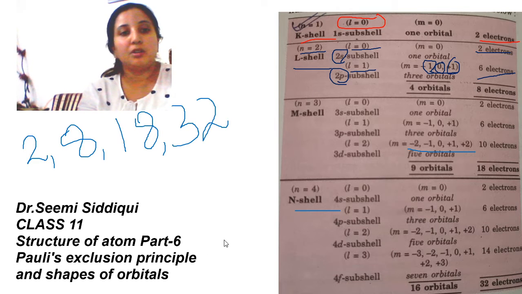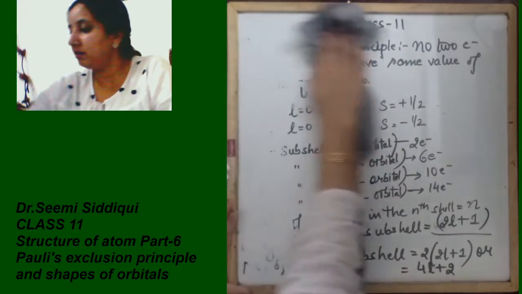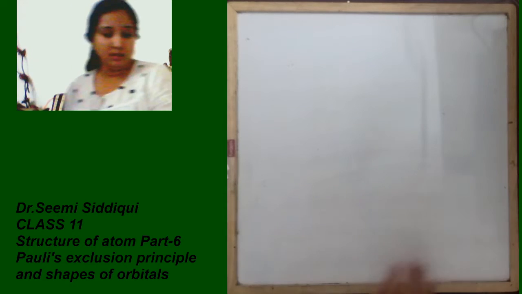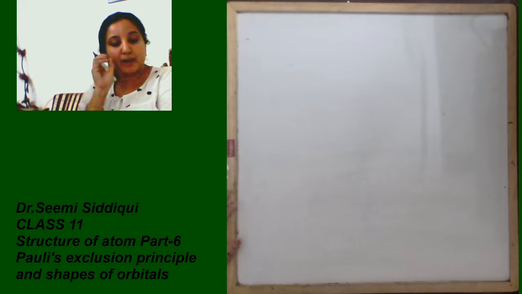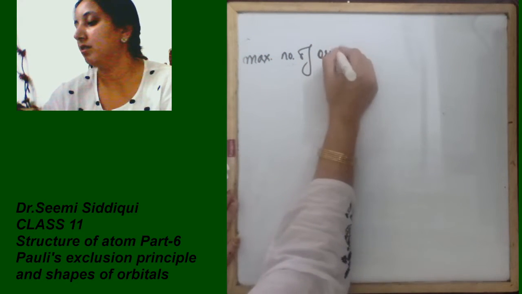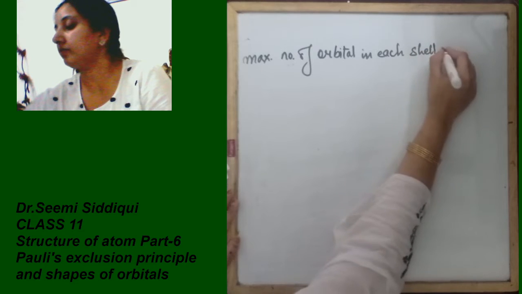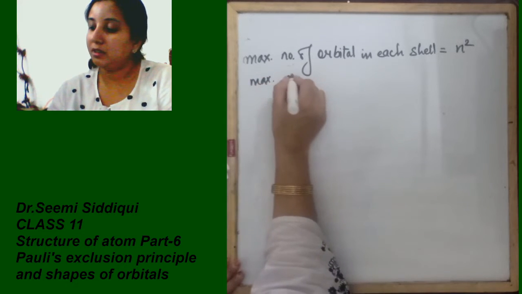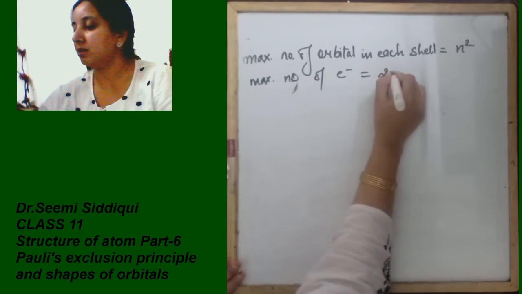Now let's look again. In simple language, I can conclude that the maximum number of orbitals in each shell is equal to n square, and the maximum number of electrons can be 2n square.